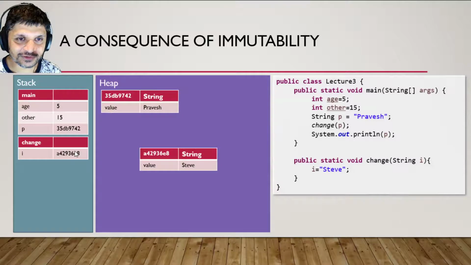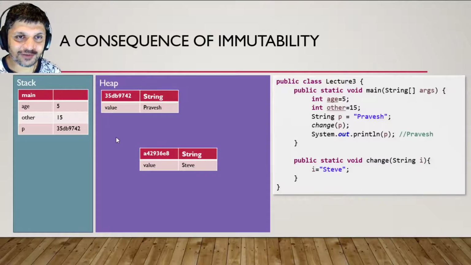So this is important. The fact that strings were immutable meant that even though p and i were pointing to the same place, changing i didn't change p. All it did was redirect i to a new object. Okay? So that means now when I come back, if I follow p and print out p, it's going to print Pravesh, right?